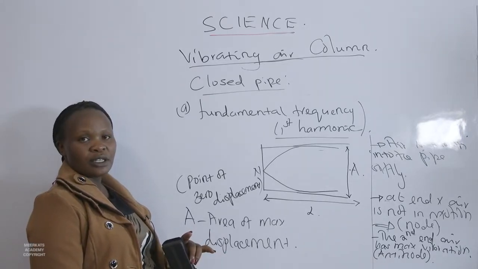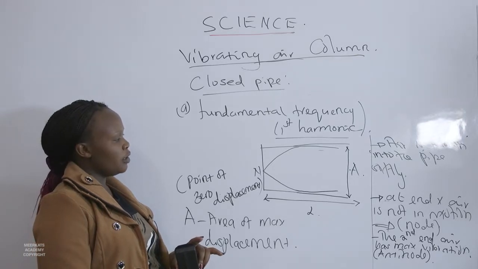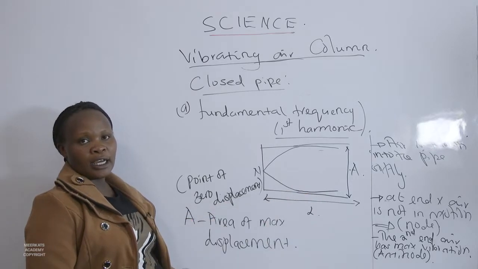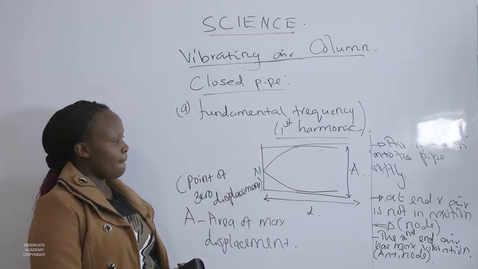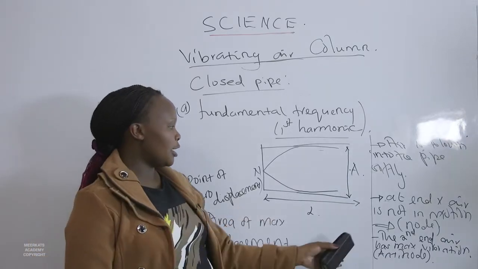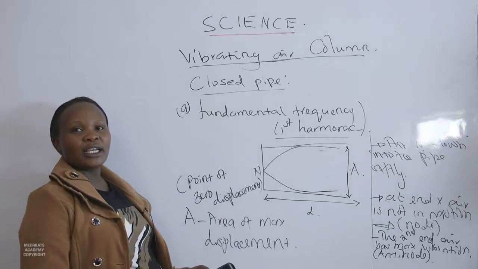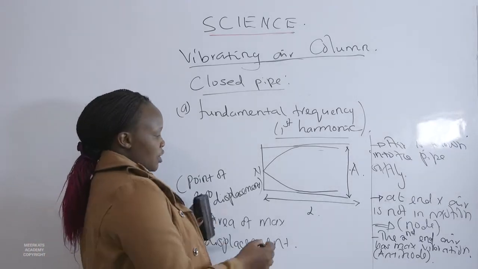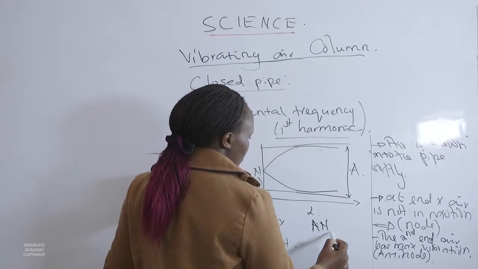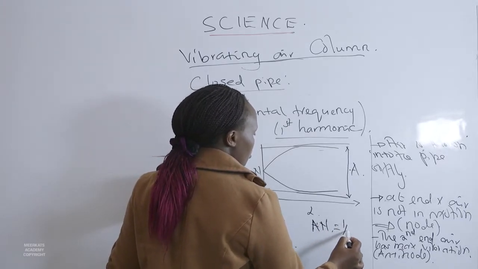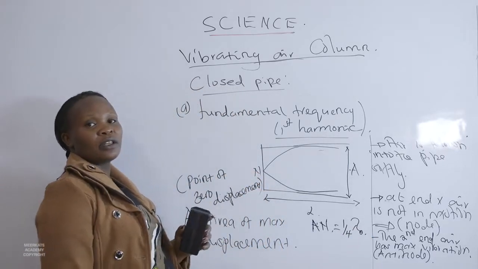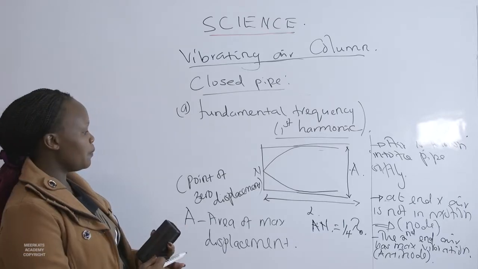Now we have produced the simplest possible wave, which has a node and an antinode. The distance between the node and the antinode is actually a quarter of a wavelength. In this case, our wavelength is the fundamental wavelength.